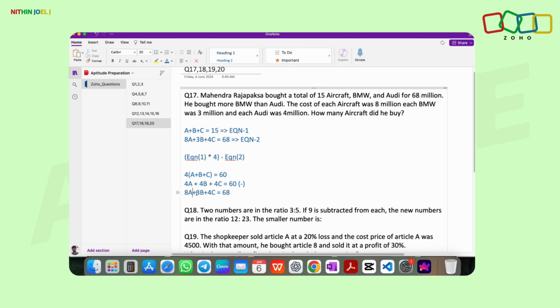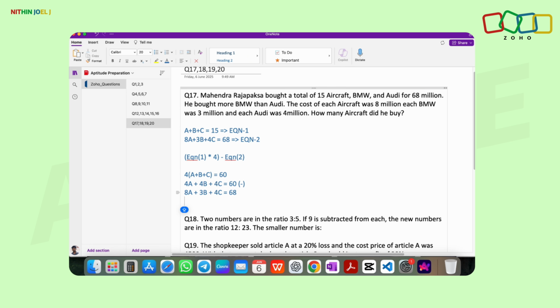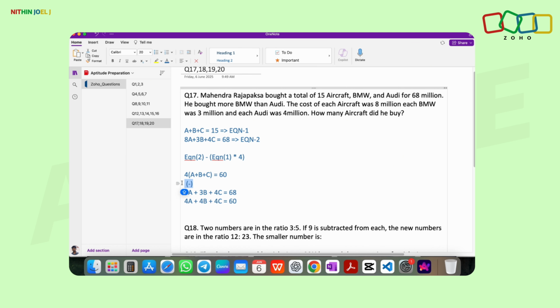Let me arrange this properly. Equation 2 is greater because we have 68, so you have to subtract equation 1 from equation 2. So I'll just change it.